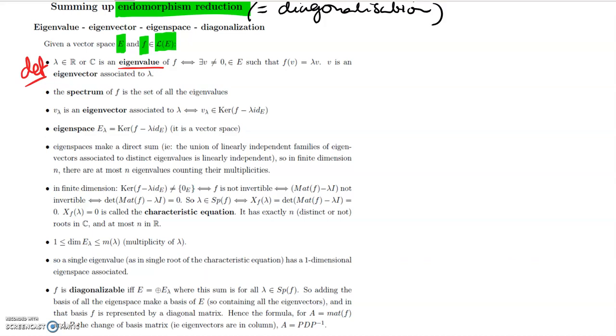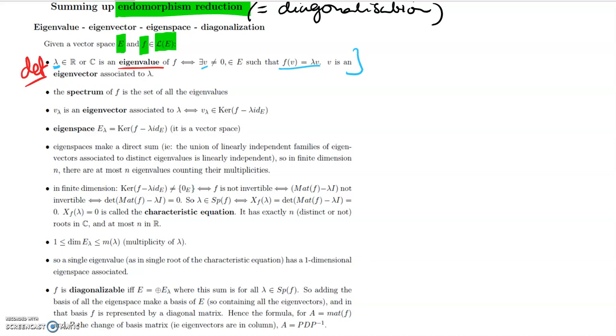It comes only with an eigenvector. Okay, so we have an eigenvalue if there exists a non-zero vector, which we're going to call the eigenvector, such that f applied to this vector is equal to lambda, which is a real or complex value, times the vector. Okay, so you've already worked on that.